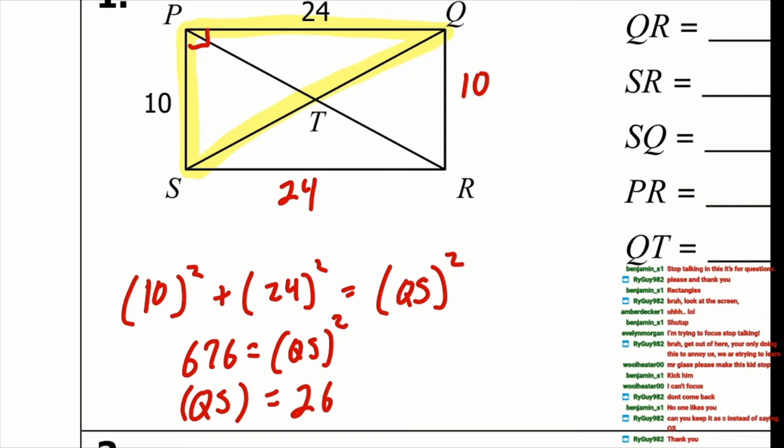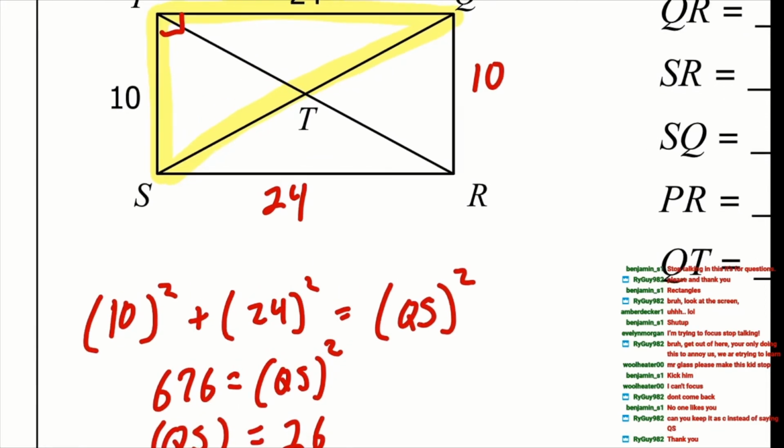Which makes sense. The diagonal, since it is the hypotenuse of the right triangle, should be more. And if that is 26, we can still assume that diagonals are being bisected, so we could label these as 13 each. And because both diagonals are congruent, we don't need to do Pythagorean theorem again, which makes all 4 of these pieces right here congruent, which is going to be 13 and 13.